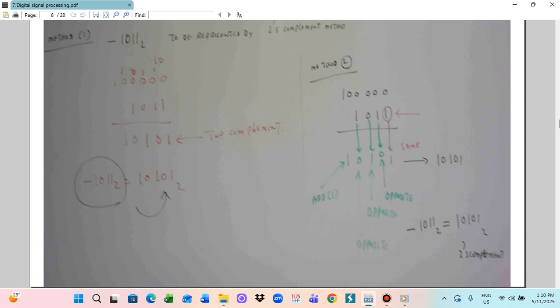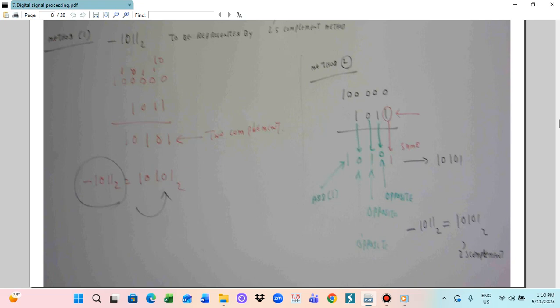Going from left to right here, the first one you get the same number and then you get the opposite number. You haven't seen any first 1 yet, 0, so just write the 0. The first 1, the same number. After that you write the opposite, so 0 becomes 1, 1 becomes 0.